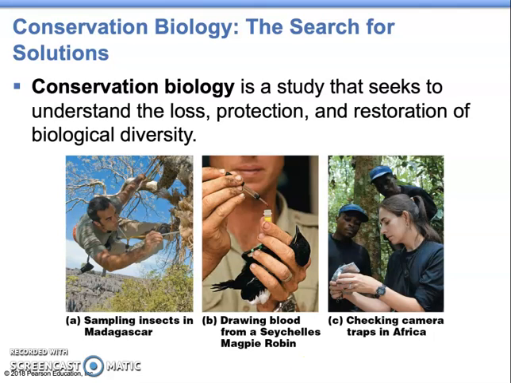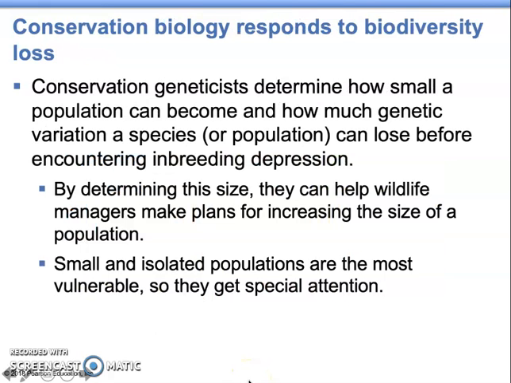So, without further ado, conservation biology is this whole academic discipline that is action-oriented, trying to understand the loss, protection, and ultimately the restoration of biological diversity. It works hand in hand with genetics.